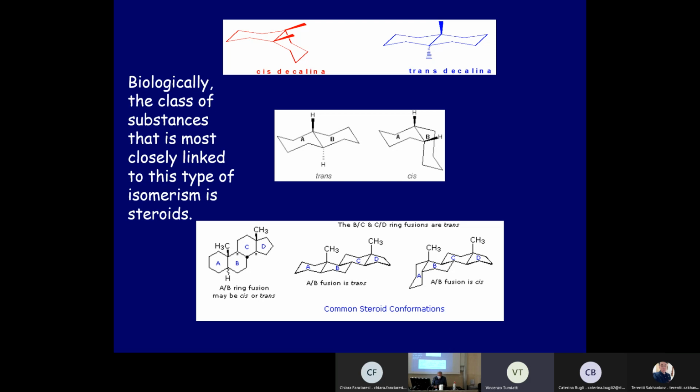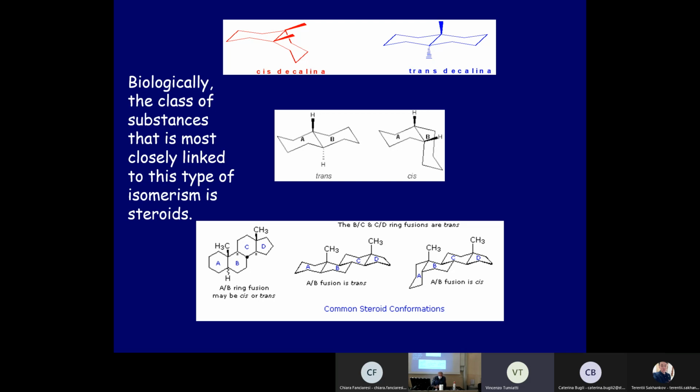So we are talking about geometric isomerism, and in particular at this point I want to show you the difference between these two compounds, one called cis-decalin and the other trans-decalin.